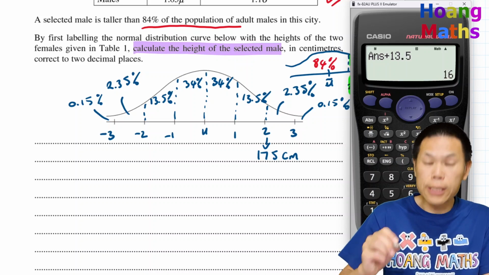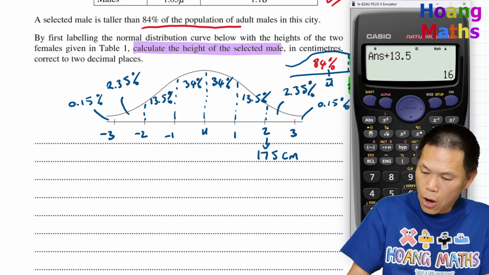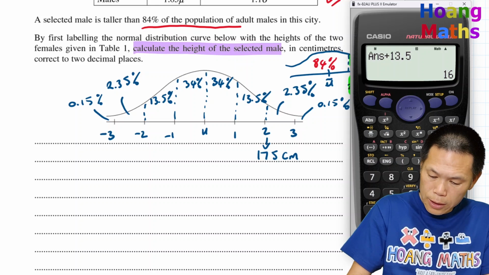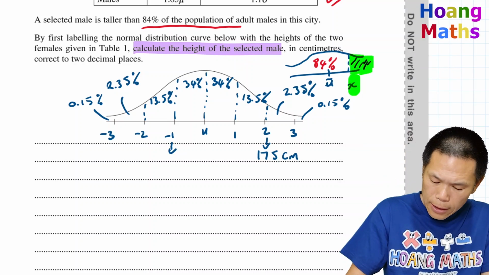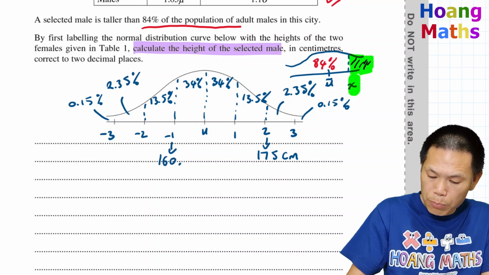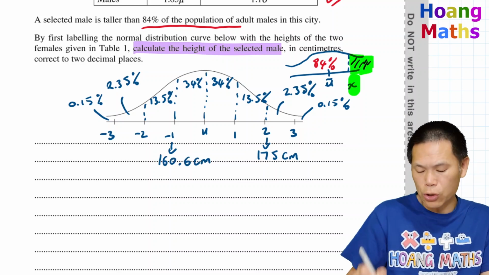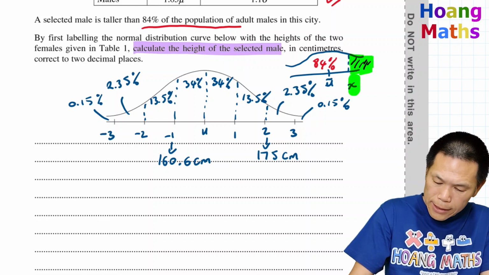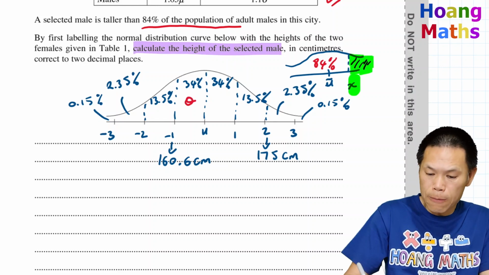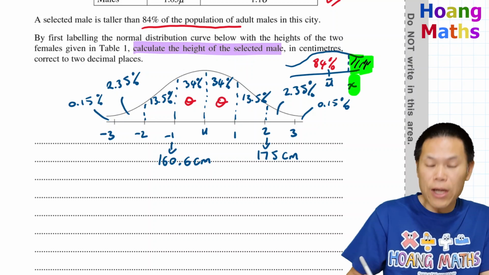So there you go, 16% is on this bit here, okay? -1 is the Z score. So that is 160.6 centimeters.